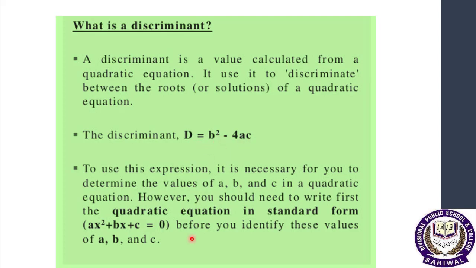To use this expression, it is necessary for you to determine the values of a, b and c in the quadratic equation. And before finding the discriminant, you need to first write the quadratic equation in standard form, so you can identify the values of a, b and c properly.